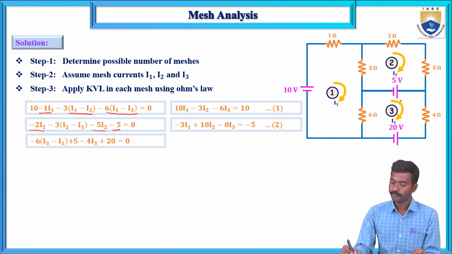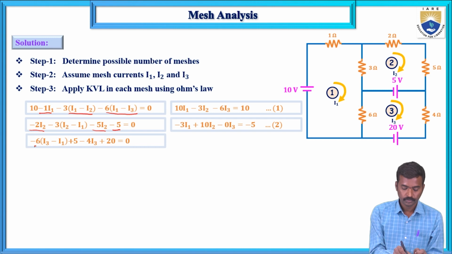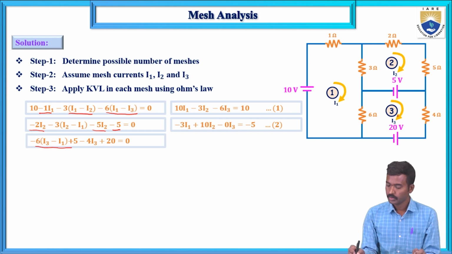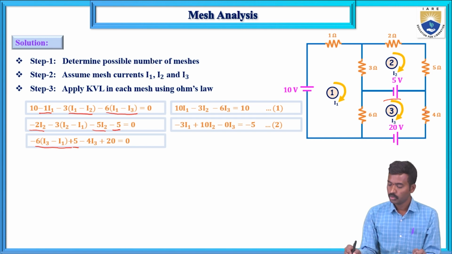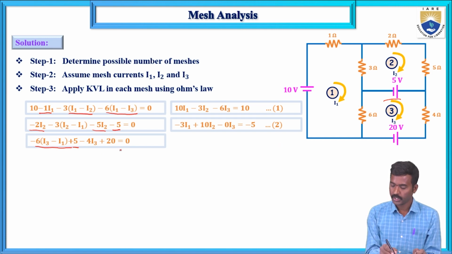Next, minus 6 I3 minus I1, this one. Current is flowing from negative terminal to positive terminal, so plus 5, 4 I3, minus 4 I3.